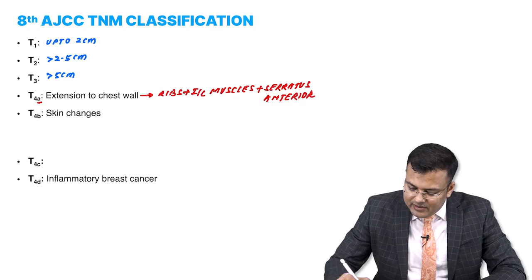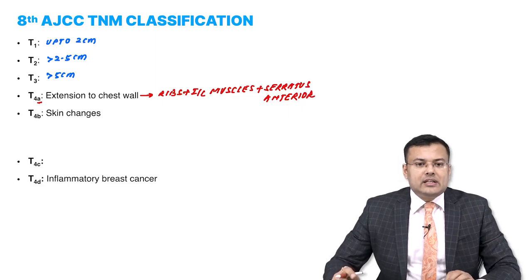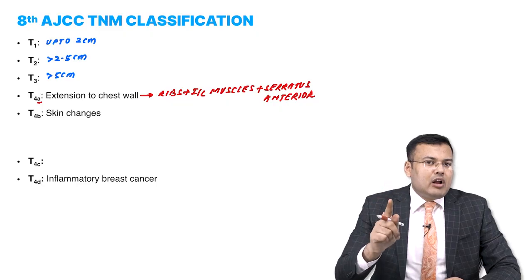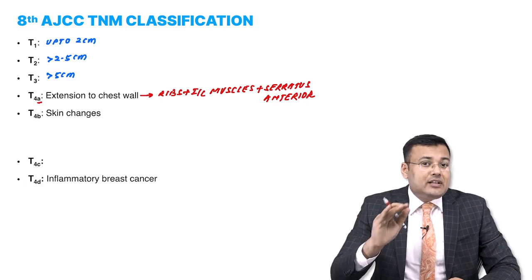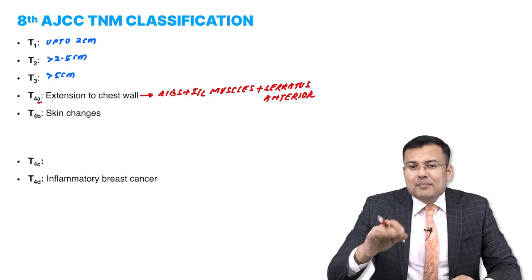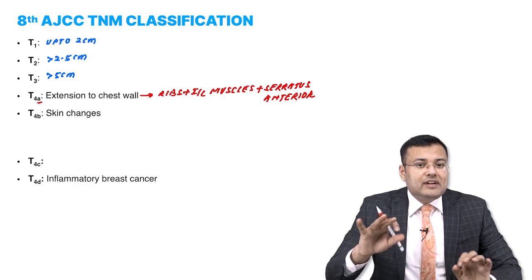Clear? So extension to chest wall is T4A. Let me tell you, involvement of pectoralis minor and major is not part of the chest wall, so it is not going to affect the stage.